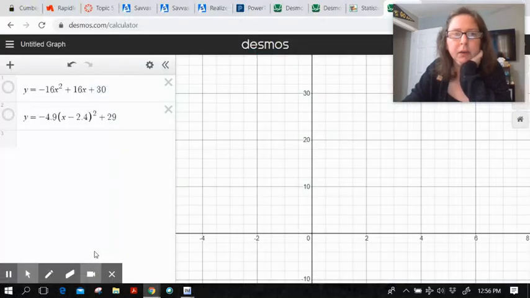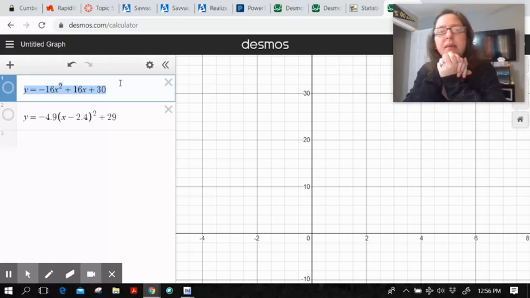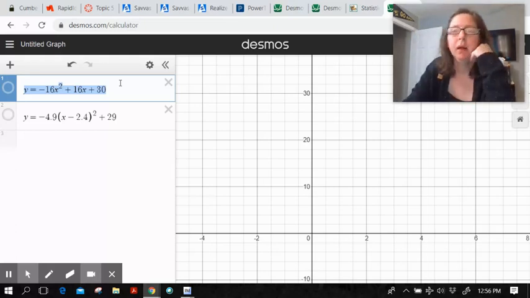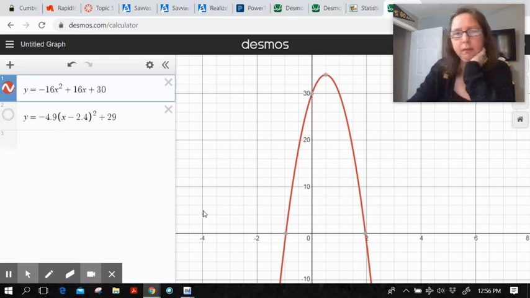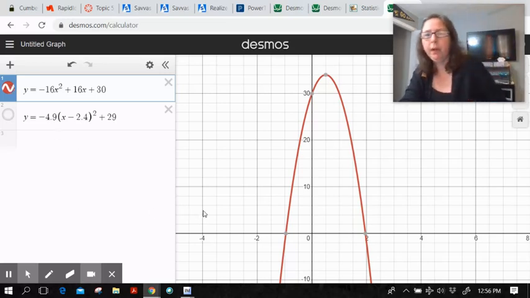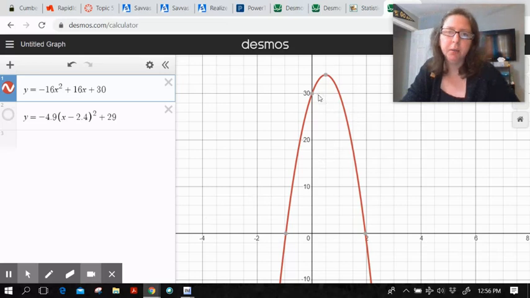So here's my Desmos calculator, and here is the equation that I've typed in: negative 16x squared plus 16x plus 30. Now I'm going to highlight this and I want us to take a look at this picture. Now we can verify by clicking these points that the y-intercept is 30.